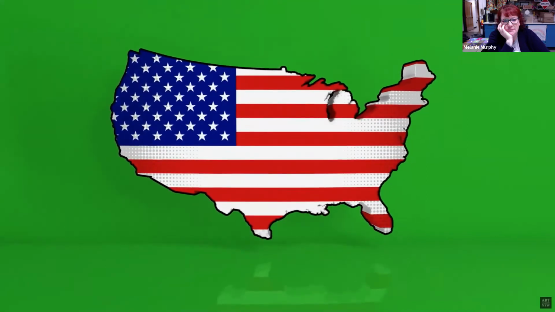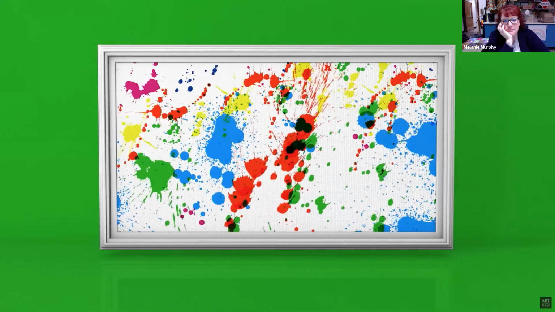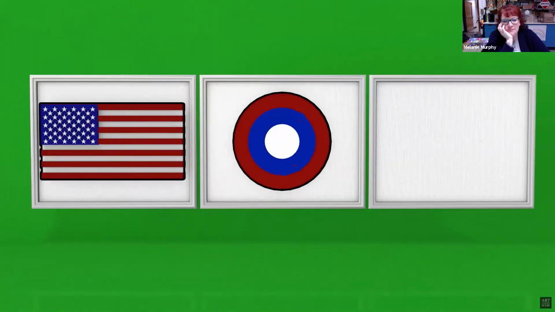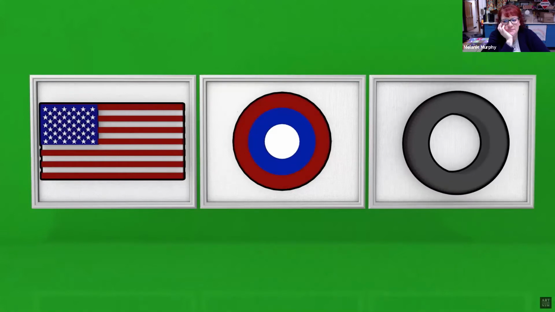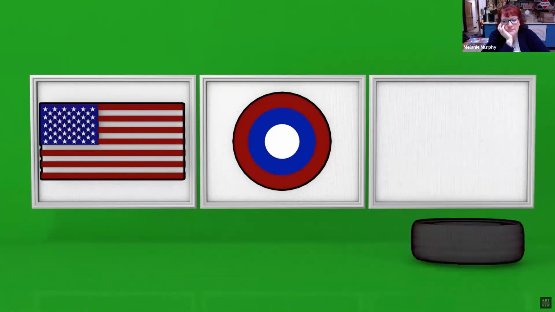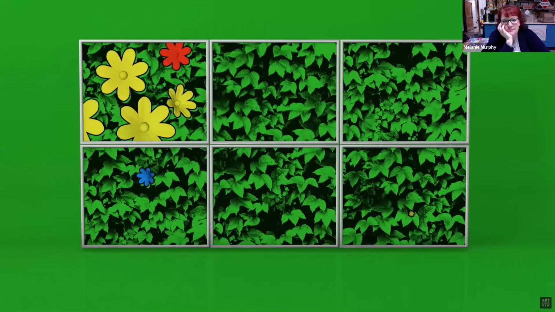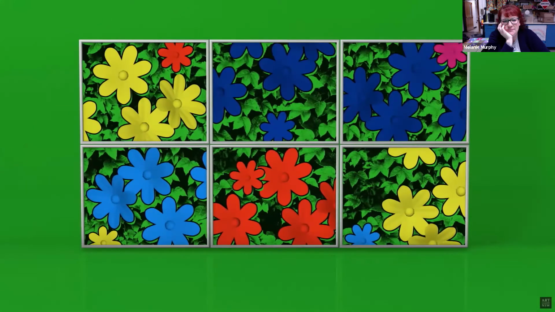Over in the land of the free, however, pop art was a reaction to the introverted nature of abstract expressionism. By filling their canvases with flags, targets, and tires, Robert Rauschenberg and Jasper Johns paved the way. Then, Andy Warhol burst onto the scene with his screen prints, taking reign as the king of pop.